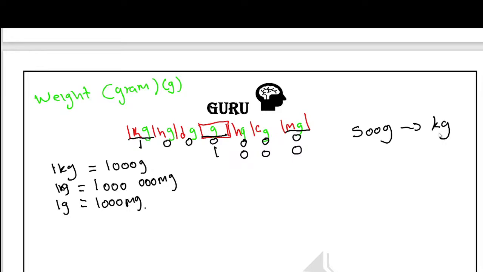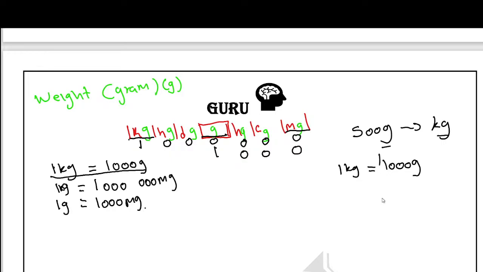Okay, so because they are talking about grams and kilograms, what does the metric system say about kilograms and grams? The metric system says 1 kilogram is equals to 1000 grams. We write it down. 1 kilogram is equals to 1000 grams.